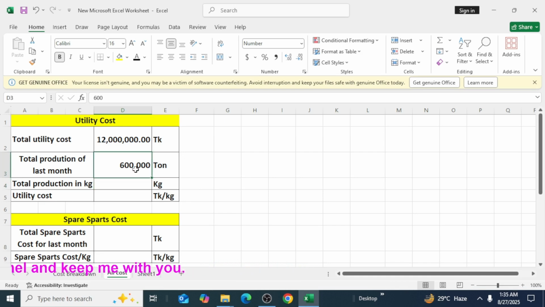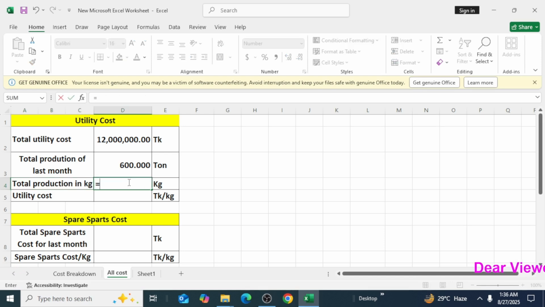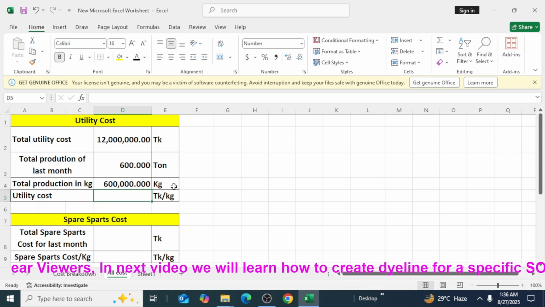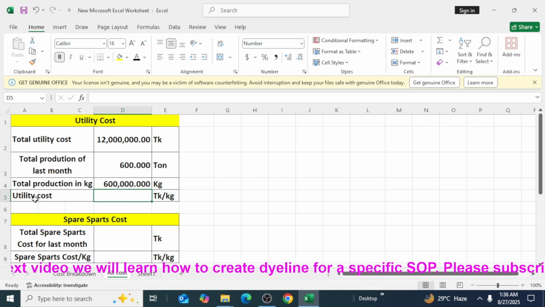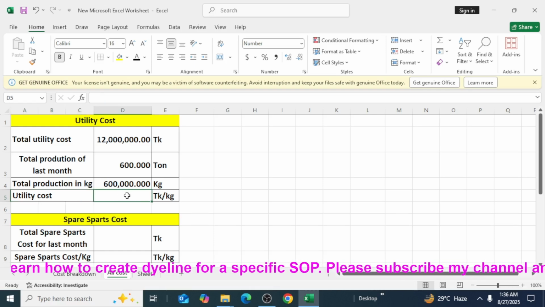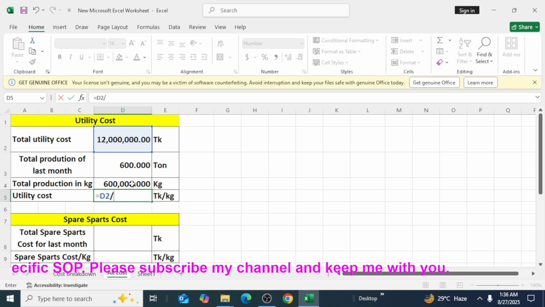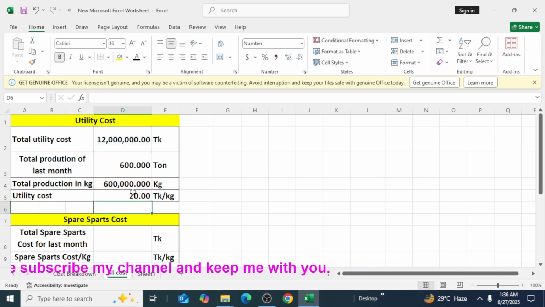So your total production in kg will be equal 600 ton into 1000. That means 6 lakh kg. So your utility cost will be equal total utility cost divided by total production in kg.